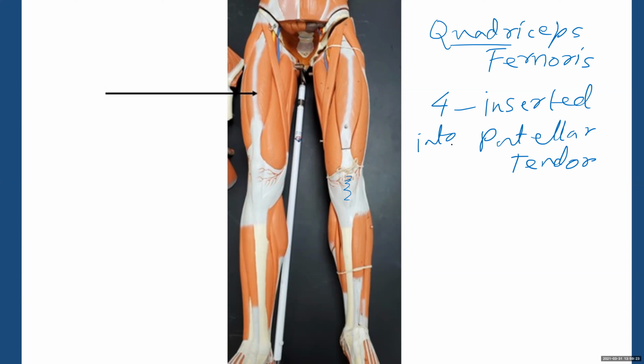The four muscles of quadriceps femoris: right in the middle, the largest one, is rectus femoris, which is this muscle shown by the black arrow. On either side of the rectus femoris are the vastus lateralis and vastus medialis. Vastus meaning flat. These are flatter muscles.